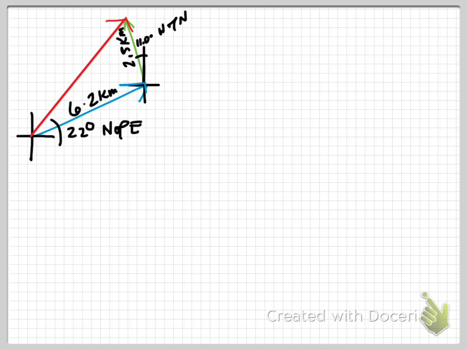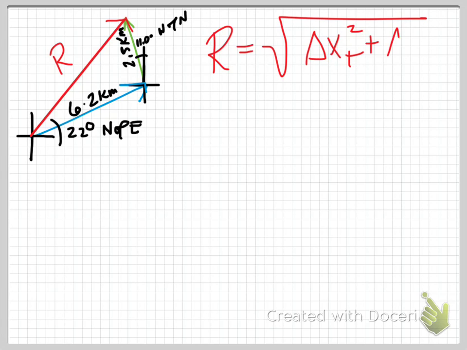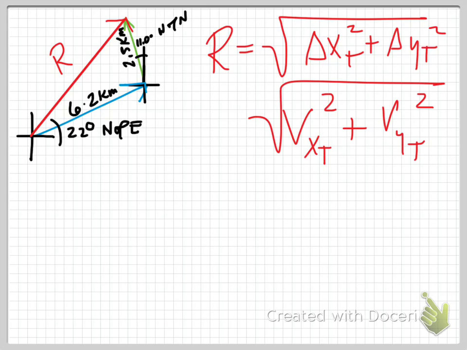With these, you don't have to color code, but if you want to, you can. What I really strongly advise is that here's my resultant, starting out every time by doing this: delta x total squared plus delta y total squared. In some cases, this is not a delta x; in some cases, this is a v sub x, so v sub x total squared plus v sub y total squared.